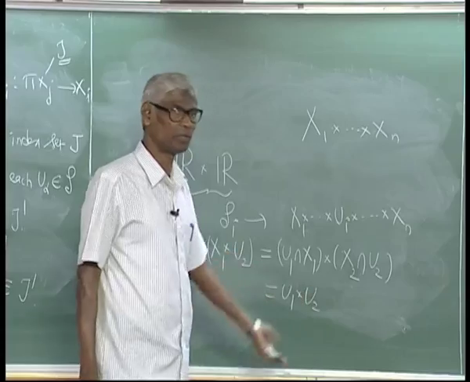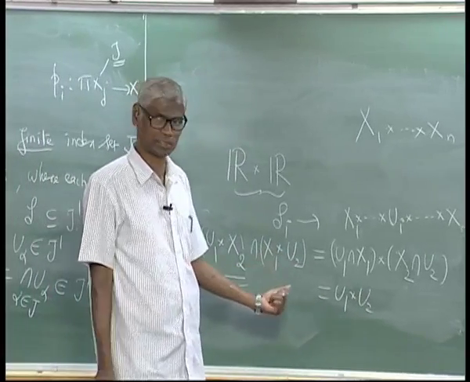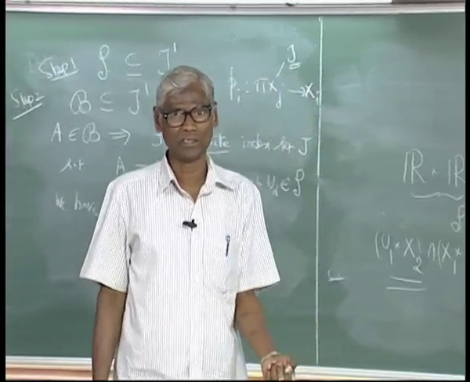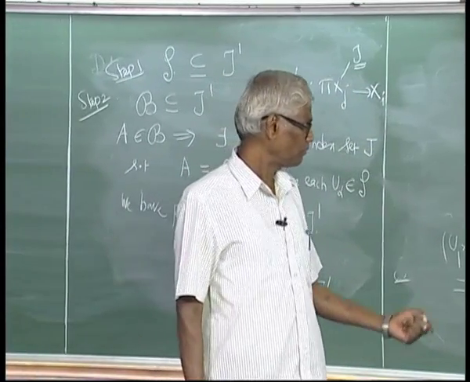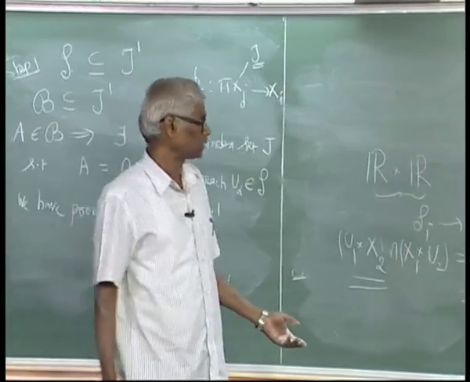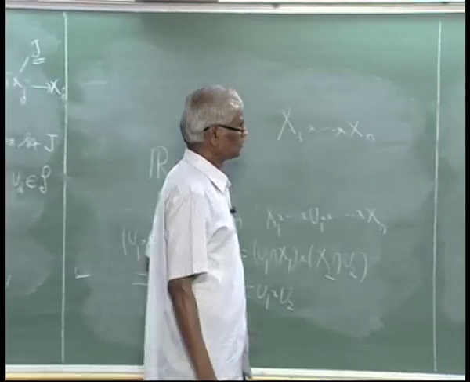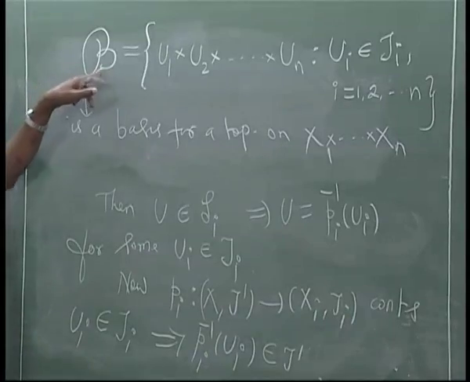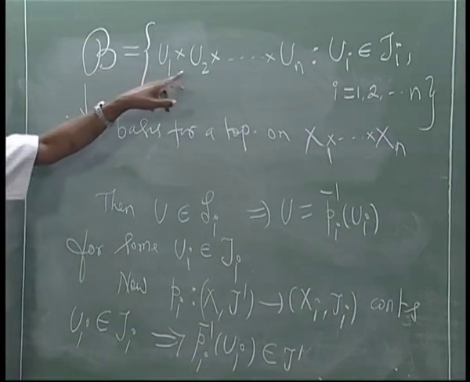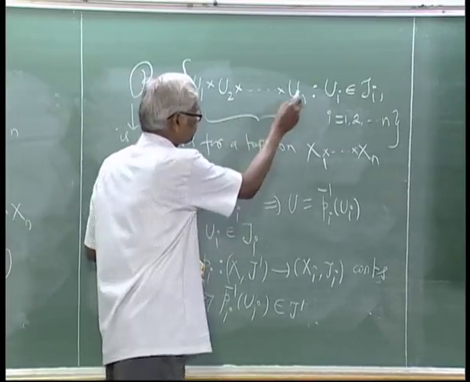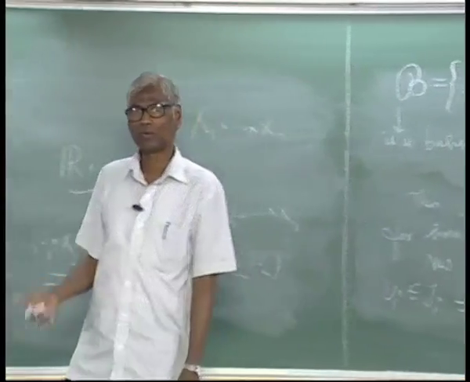That is another way of defining it, but for us the main motivation is that our product topology makes each pi continuous and it is the smallest such topology. So, from that we get that script beta will be of this type. So, it is enough to know what the basic open sets are.